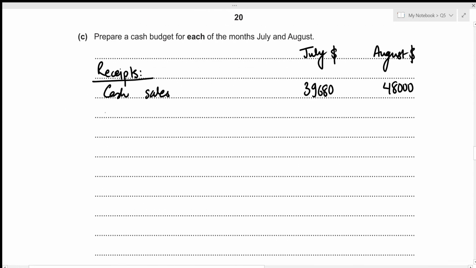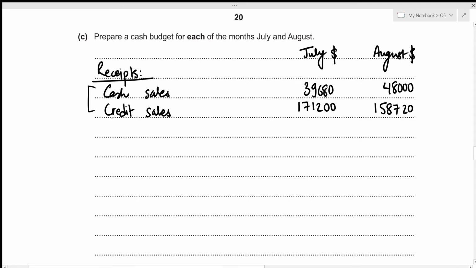We have credit sales, and the amount for credit sales received in the month of July, we figured it out to be 171,200, and the same for the month of August was 158,720. Okay, and we already figured out that the information given in the first point was regarding receipts, and all the other information was regarding payment, which means that these are the total receipts.